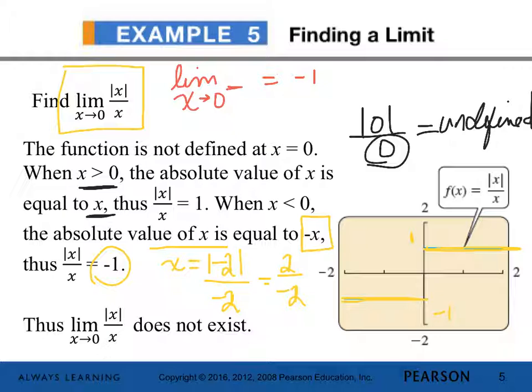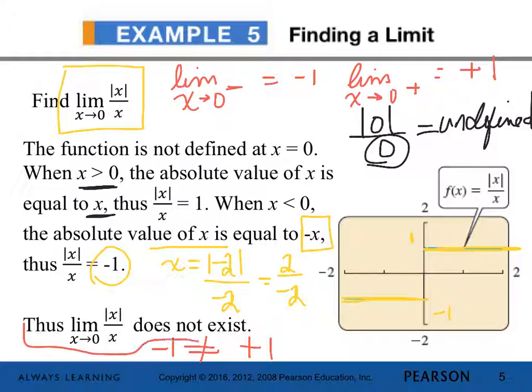And the limit as x approaches 0 from the positive side is going to be equal to positive 1. And since negative 1 does not equal positive 1, then the limit does not exist.